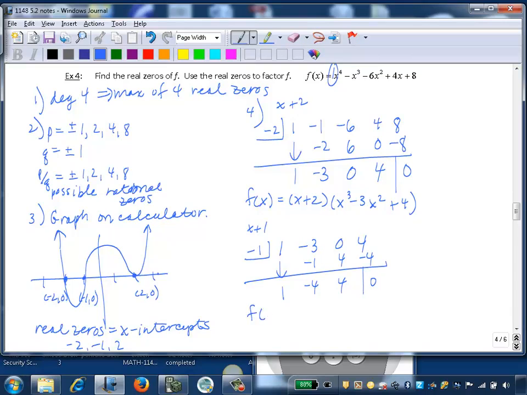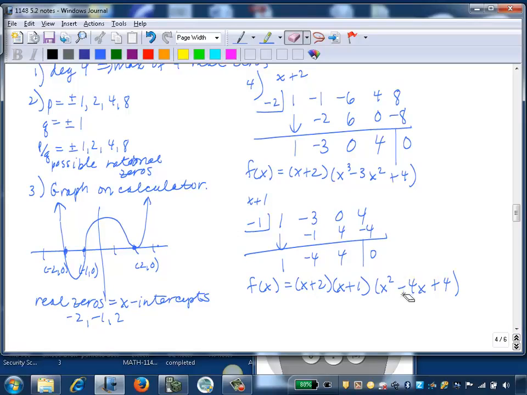Now let's continue our factoring, breaking this down. So up here, we broke it down into x plus 2 times x cubed minus 3x squared plus 4. So I'll bring down my x plus 2. But now we just broke down x cubed minus 3x squared plus 4 into the product of x plus 1 and now our depressed polynomial, our quotient to this division, x squared minus 4x plus 4.